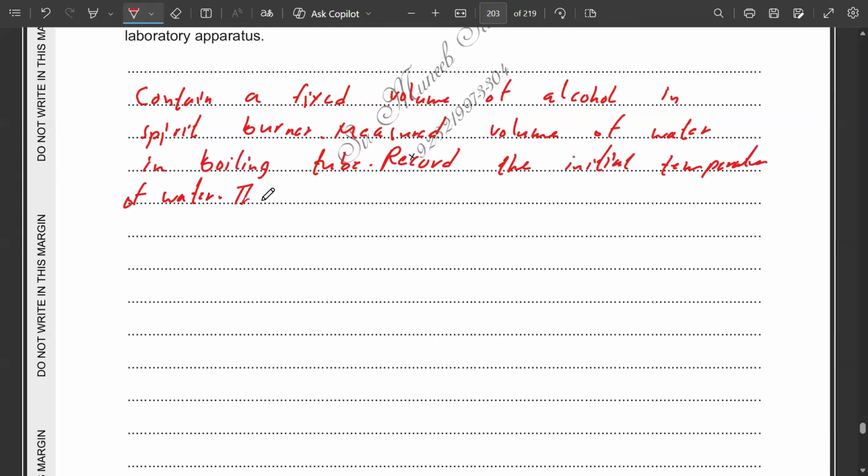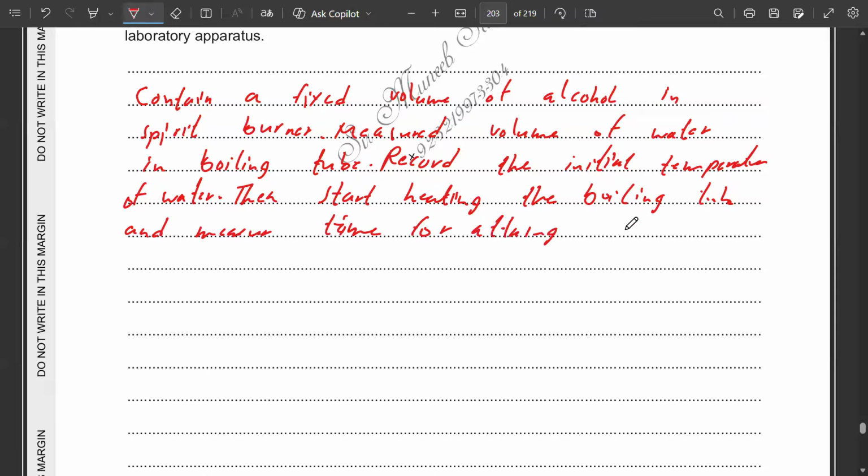Then start heating the boiling tube and measure the time for attaining a fixed or specified temperature.